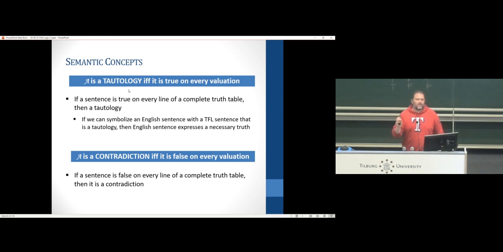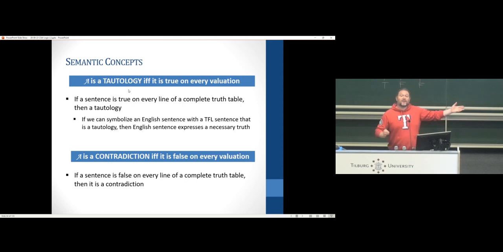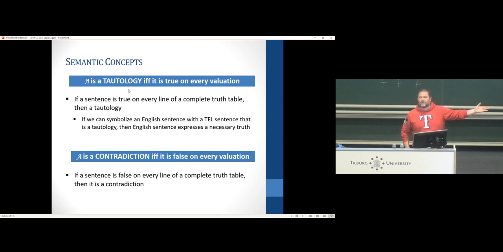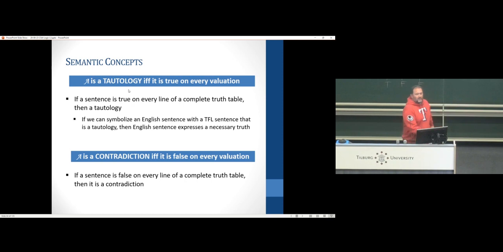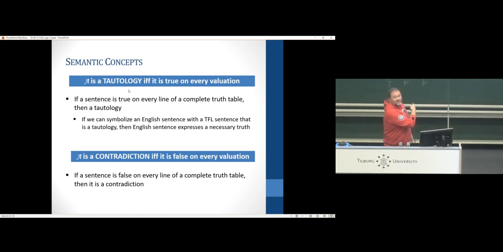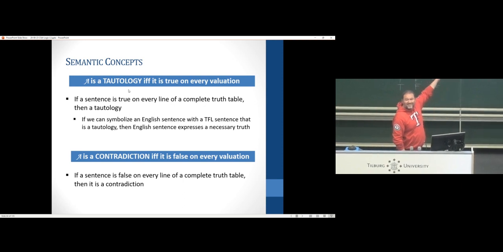Every tautology is a necessary truth, but not the other way around. That's because at least some necessary truths will be so not in virtue of their structure, but in virtue of things like meaning. But if it's a necessary truth in virtue of its structure, it's a tautology.